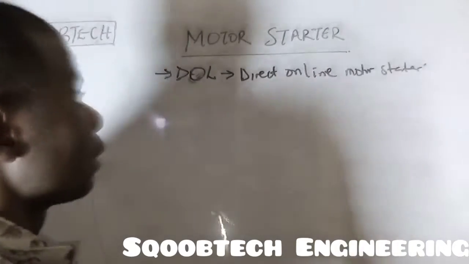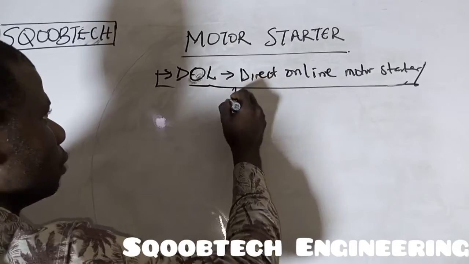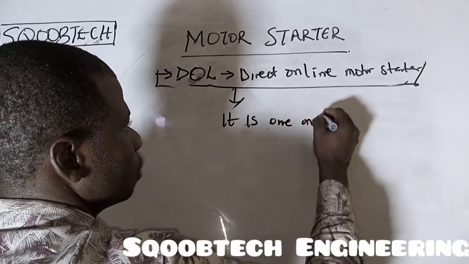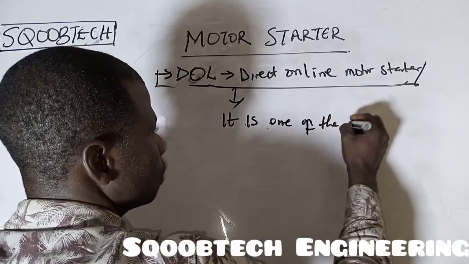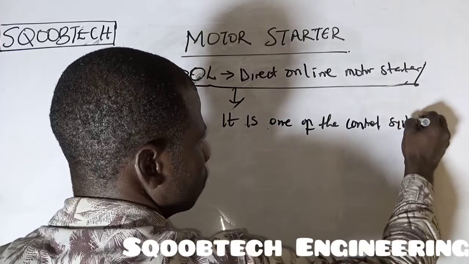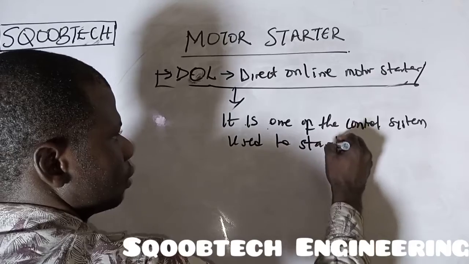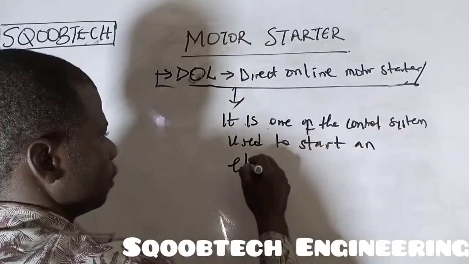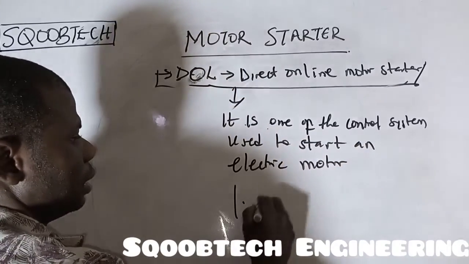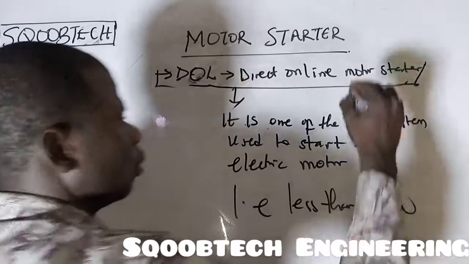Now, when we are talking of the direct online motor starter, like we said earlier on, it is one of the control systems used to start an electric motor, i.e. less than 3 kilowatts.